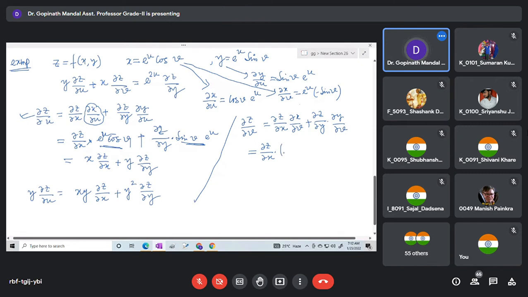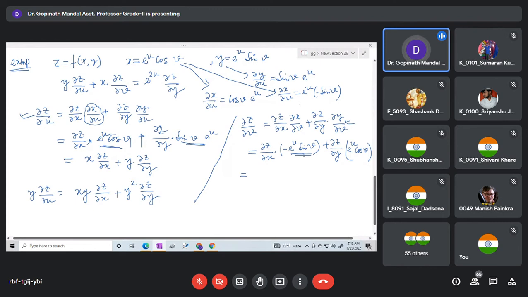So put here minus e to the power u sin v, plus ∂z/∂y into ∂y/∂v. It will be e to the power u sin v, derivative cos v.